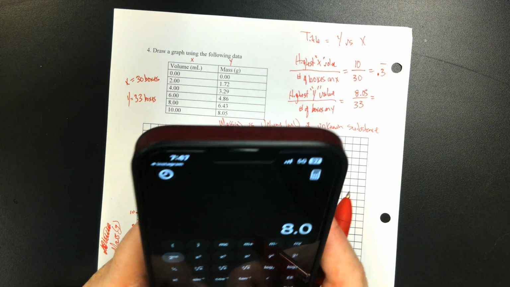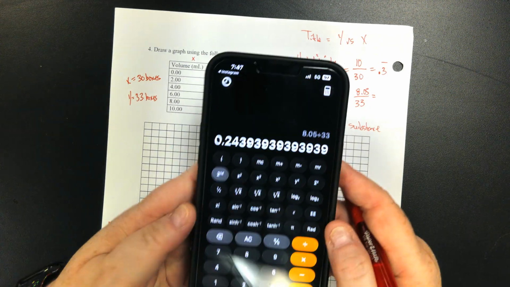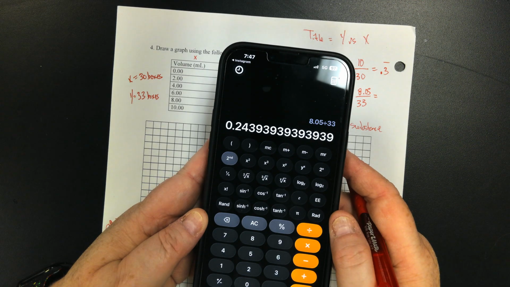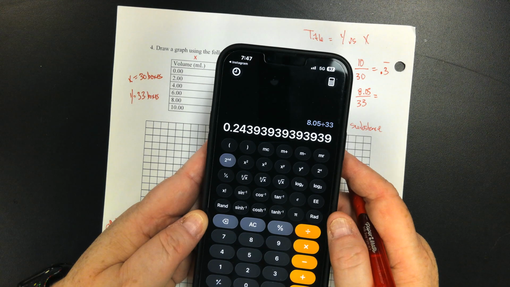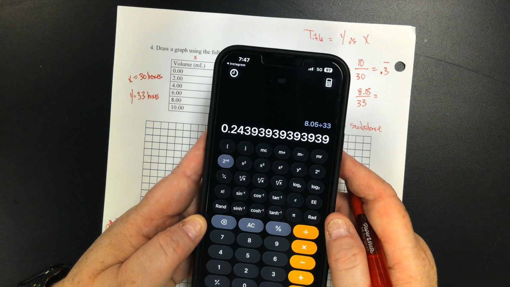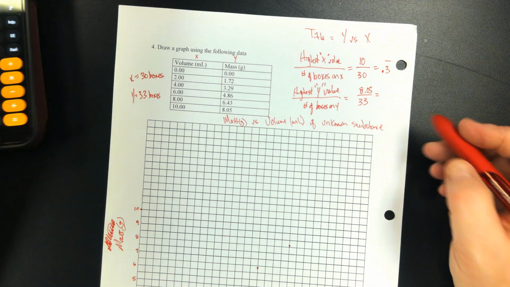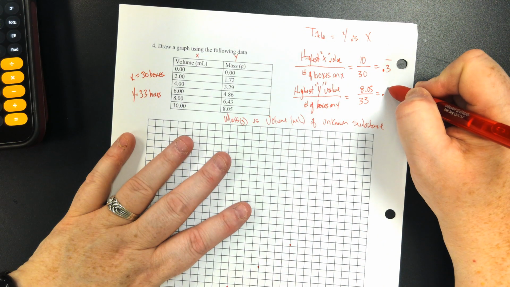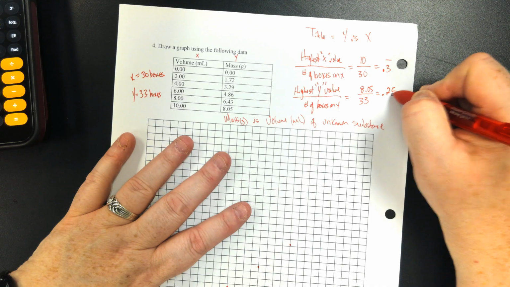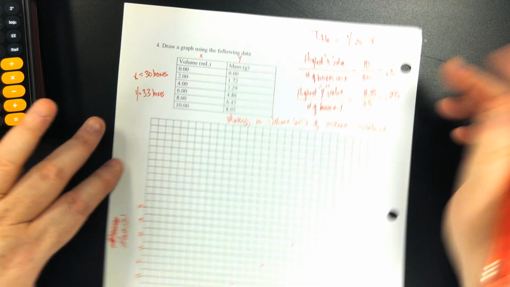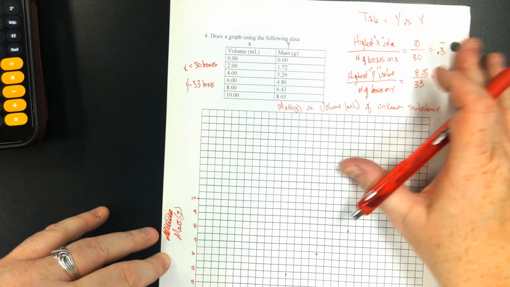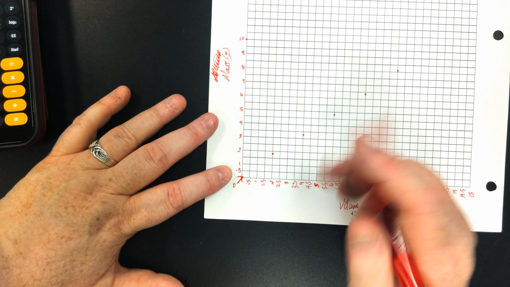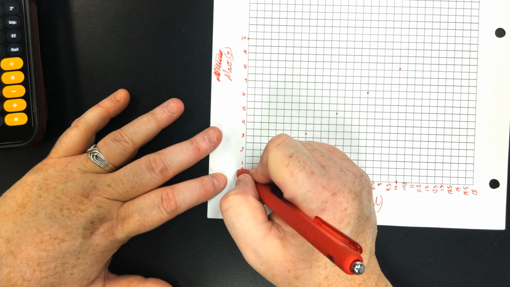So 8.05 divided by 33, that's 0.24. Okay, so we can actually do 0.25. Okay, because that's easy to count by. So 0.25. Okay, so here the y-axis, I did it by 0.5, so I'm going to change that.